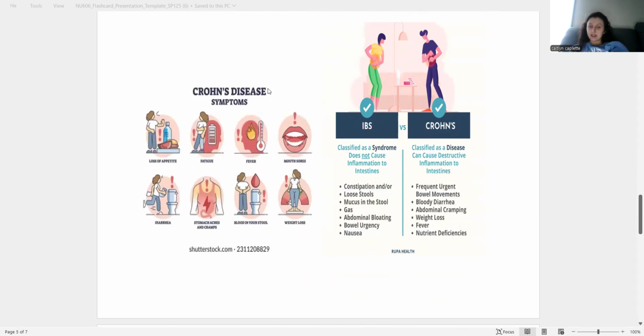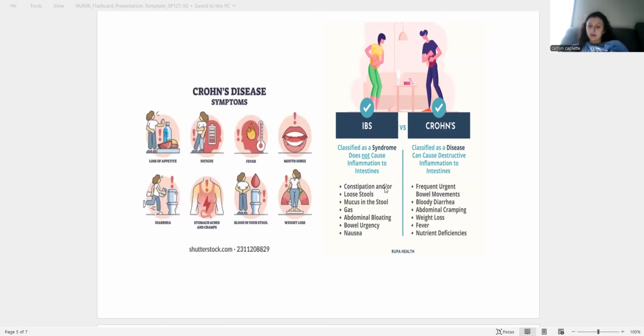So here's a picture of some of the common signs, such as loss of appetite, fatigue, fever, mouth sores, diarrhea, stomach aches and cramps, blood in the stool, and weight loss. And then here's kind of a comparison of IBS versus Crohn's. IBS is classified as a syndrome, and it does not cause inflammation to the intestines.